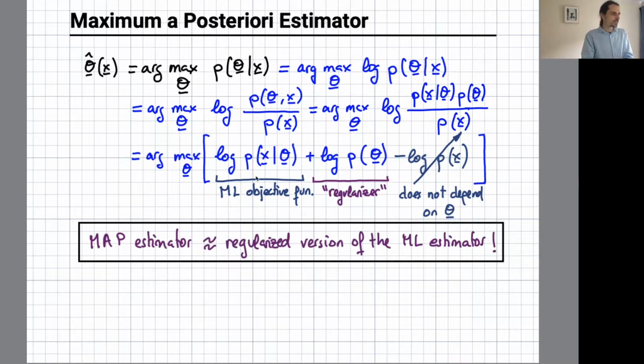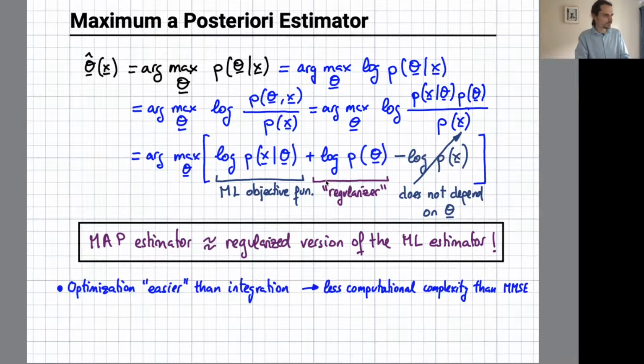So essentially, we can think of the maximum a posteriori estimator as sort of an extended version of a maximum likelihood estimator that also accounts for the prior information. So it's sort of the Bayesian counterpart of the maximum likelihood estimator.